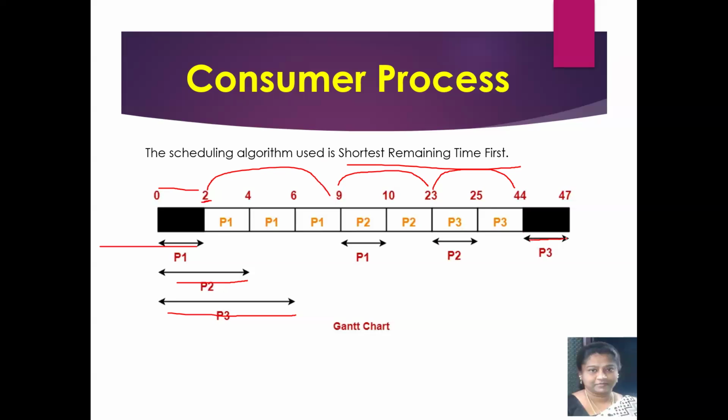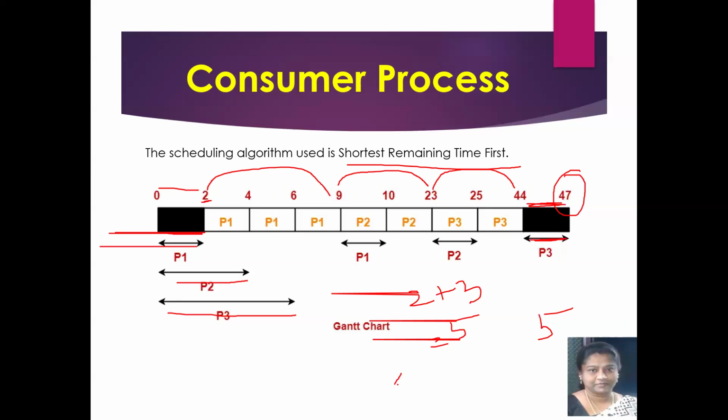During this time again, the CPU is idle. For the first 2 milliseconds, the CPU is idle. Similarly, for the last 3 milliseconds, the CPU is idle. So according to this Gantt chart, the CPU is idle for a total of 2 plus 3, which is 5 milliseconds. 5 milliseconds out of how much total time? The total time is 47.